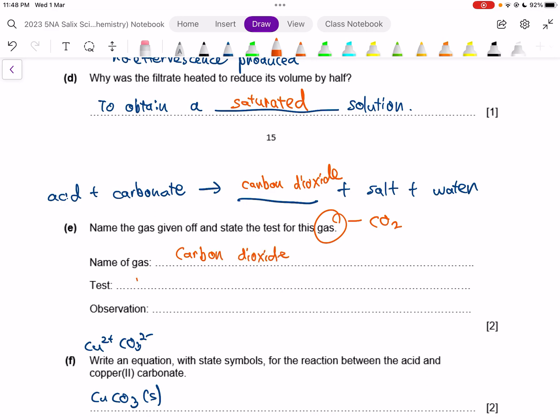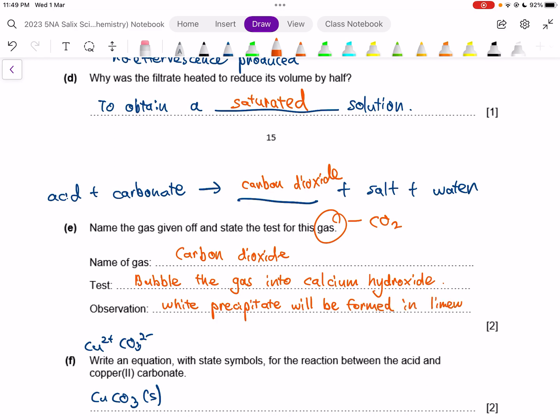Test is bubble the gas into calcium hydroxide. The observation is that a white precipitate will be formed in the lime water.